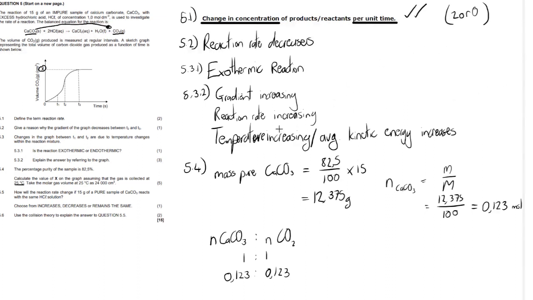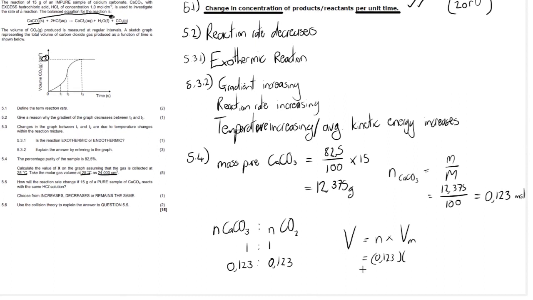Generally, they tell us we've got the molar gas volume formula, but now they've given us the molar gas volume at this very specific temperature. And so we can calculate the volume, which will be equal to moles multiplied by the molar gas volume. So this is 0.123 multiplied by, how do we measure volume? Generally, SI units are cubic decimeters, right?